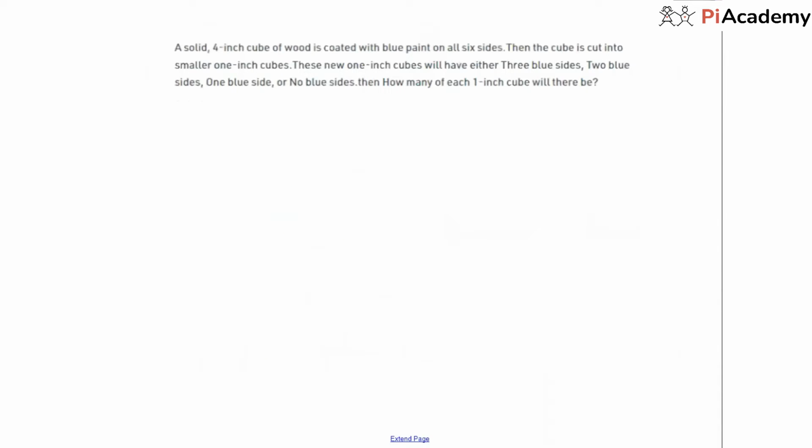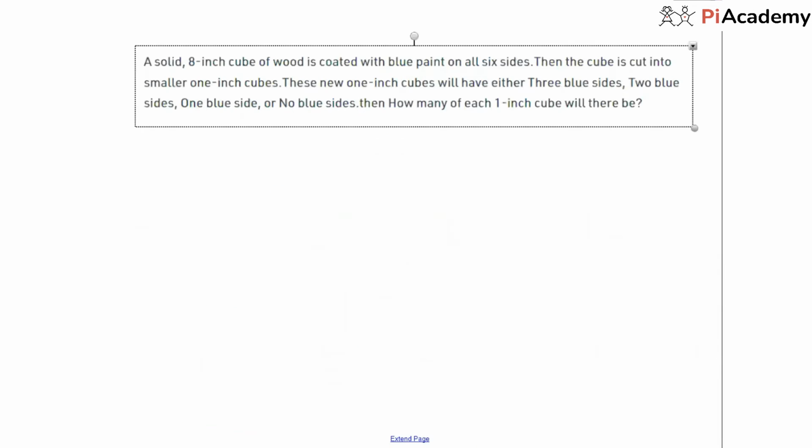Okay, we have already done this question. Here you go. A solid 8-inch cube of wood is coated with blue paint on all 6 sides. Then the cube is cut into smaller 1-inch cubes.